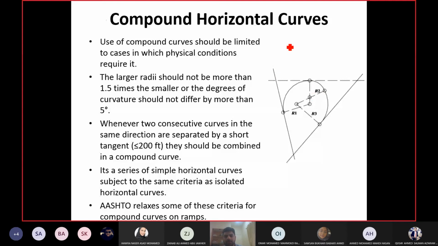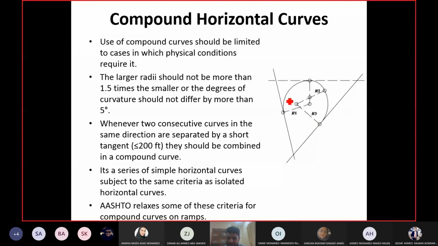Why should we provide compound curves? Compound curves are provided where you are limited by the physical conditions of the site. Compound curves usually require less space as compared to simple circular curves. For example, you can see here, you covered so much curvature in a very short distance.